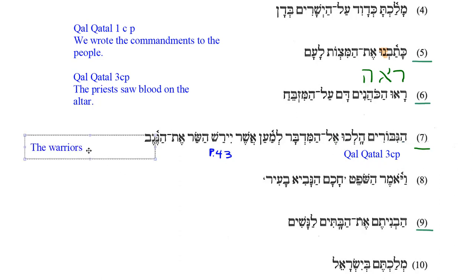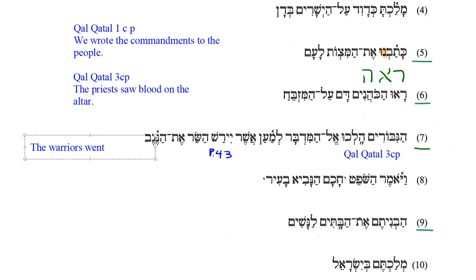So the warriors, and notice that we have warriors as plural, and this is plural, so they match. Common will match either masculine or feminine, and it's plural, so warriors, which is masculine, matches. The warriors went, so halak means to go, and we'll do it past tense. Qatal base translation would be went.